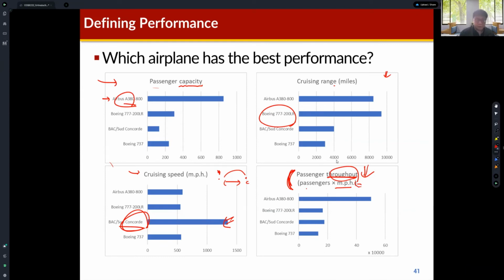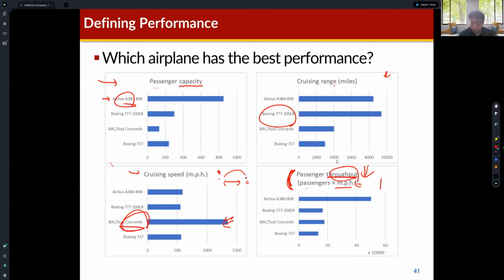It means the number of passengers delivered within a unit time, right?